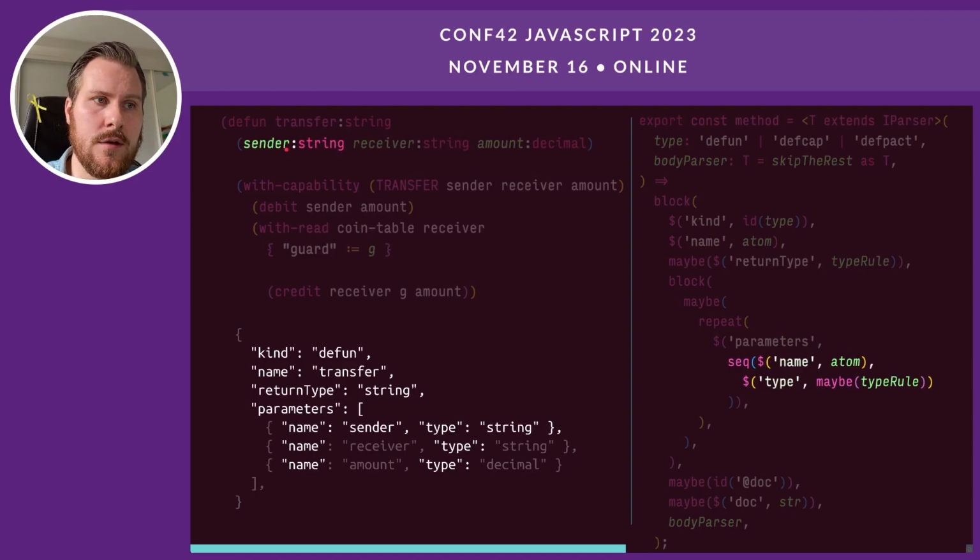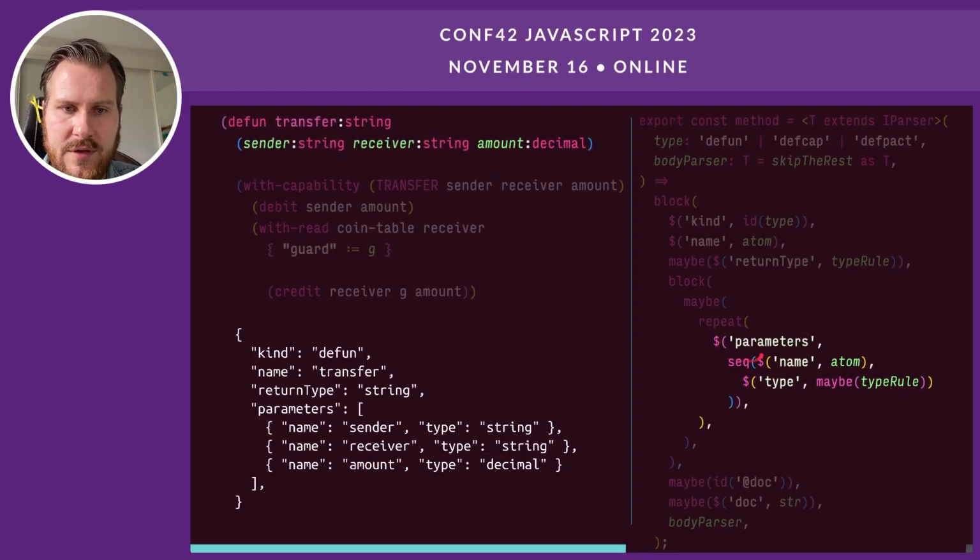The type rule can even be omitted, and that's why we say maybe. But if these rules are still matching to whatever we see, we are confident that these are parameters for the method. So here you see that we see a sender, which matches here, receiver, that we are going to store here, and then of course also a decimal amount.